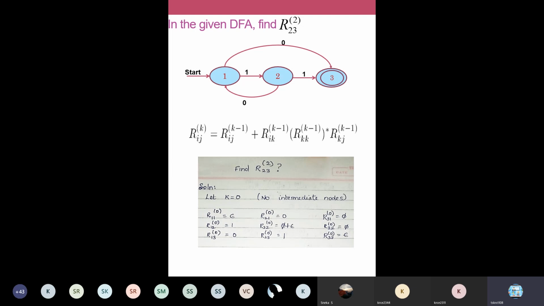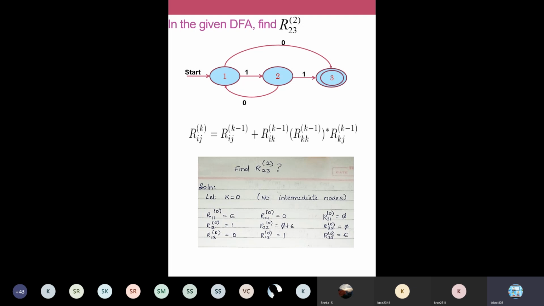But if you are asked to find the regular expression for the given DFA, then you have to find all the terms. And in the last level, you have to find Rij. Can anyone of you guess, for this diagram, what you should find if you are asked to find the regular expression for the DFA?